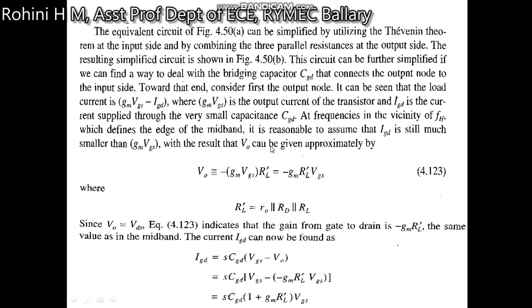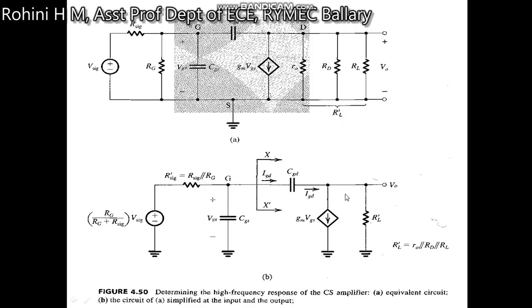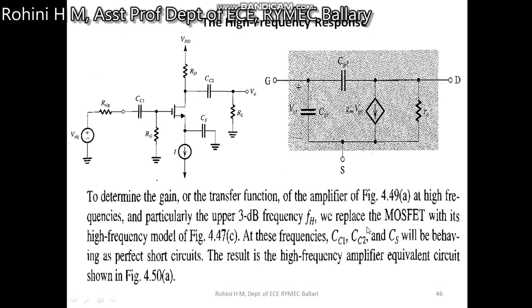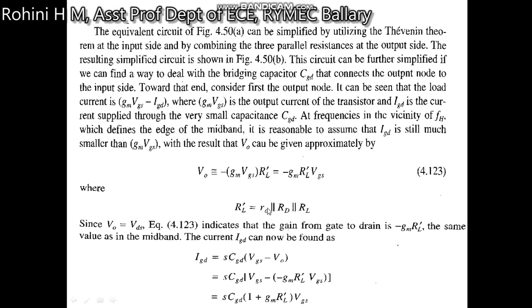With the result, V out could be approximated by GM_VGS into RL dash, okay. So what is RL dash?